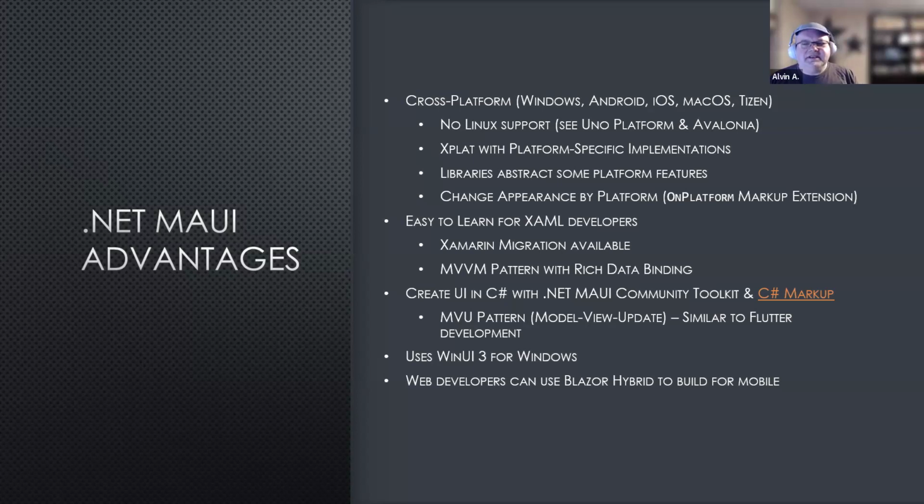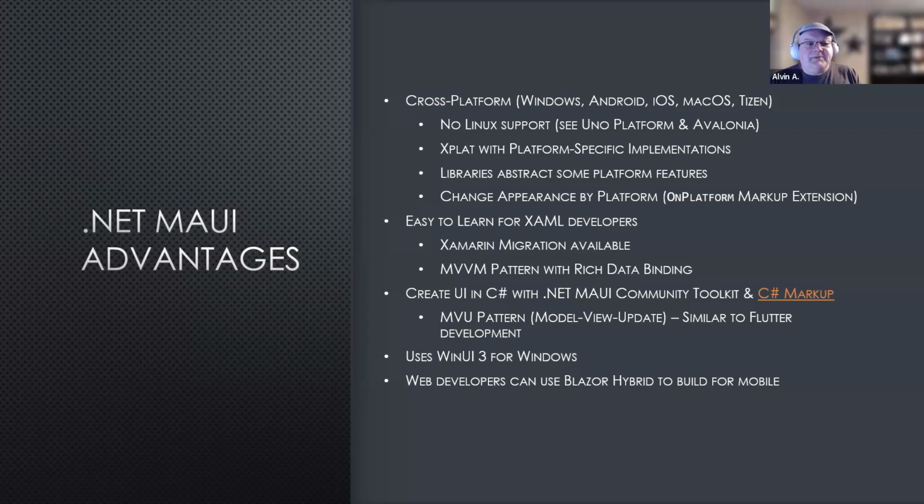And when you do this, you can use the MVU pattern, Model-View-Update. That's similar to apps built with Flutter. If you've ever done Flutter development, the UI is all built in code, and it's kind of similar to the MVU pattern there as well.